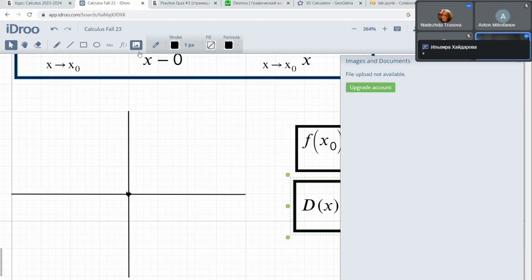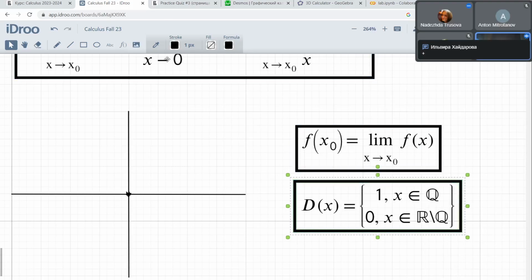But why do I need it? Because I want to build a function which will be continuous only at one point. So, first of all, I can start with a function that is discontinuous everywhere. How can I build a function continuous at one point from this terrible function?